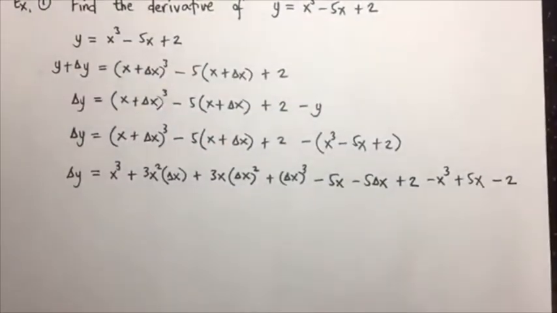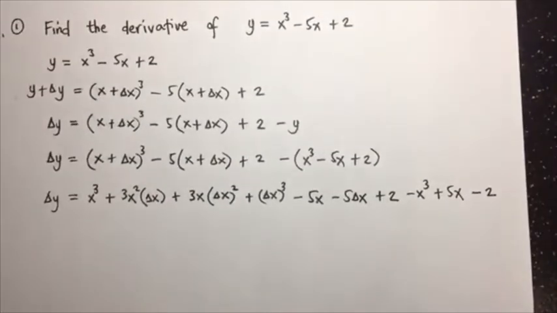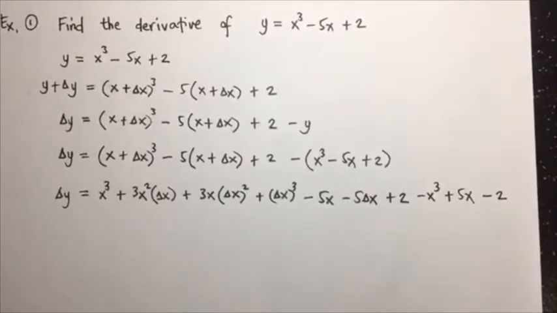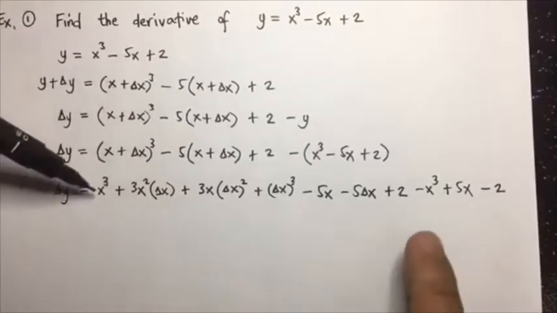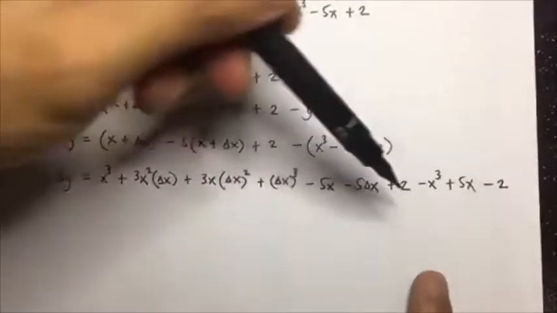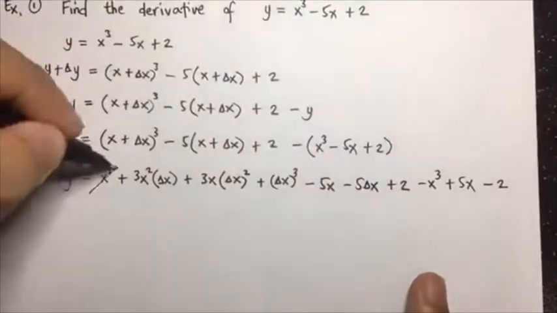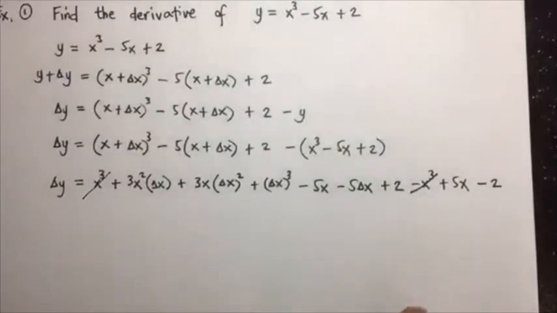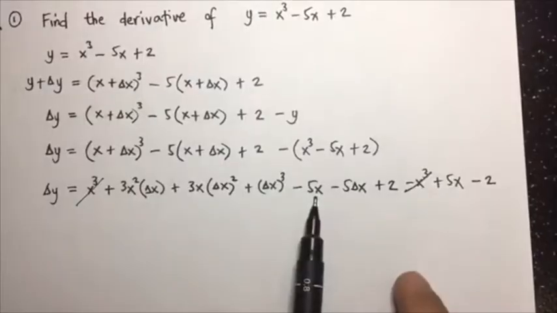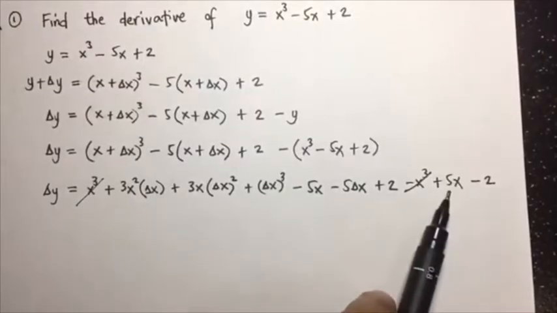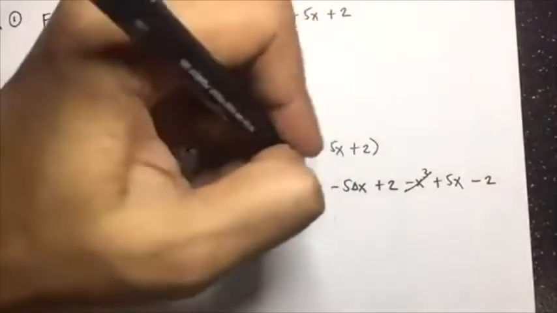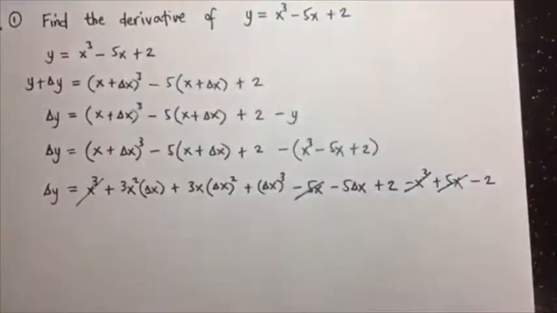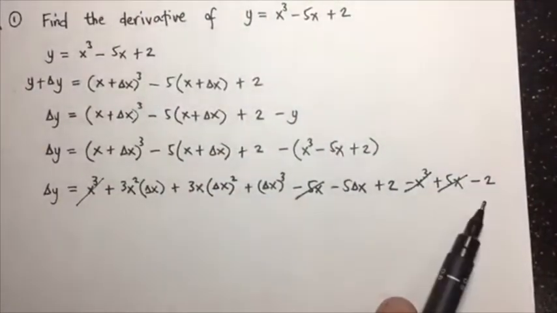And then simplifying, we should have terms that will cancel out. You have x cubed here and then minus x cubed there, so they cancel. What else? Negative 5x plus 5x cancel, and then plus 2 and negative 2.